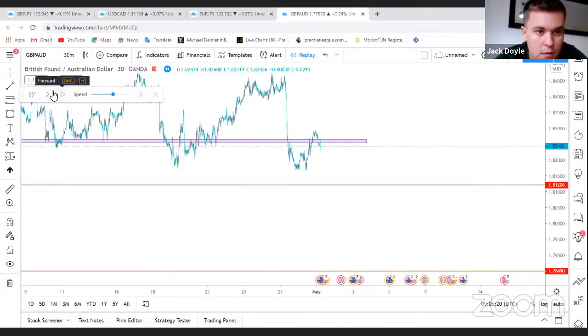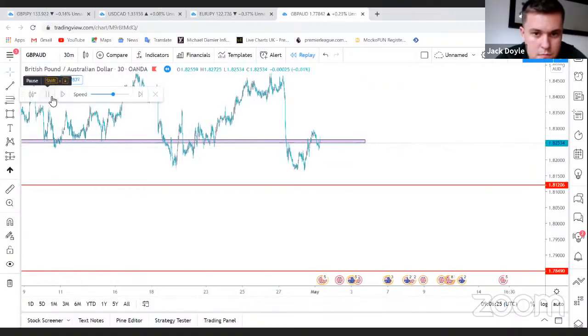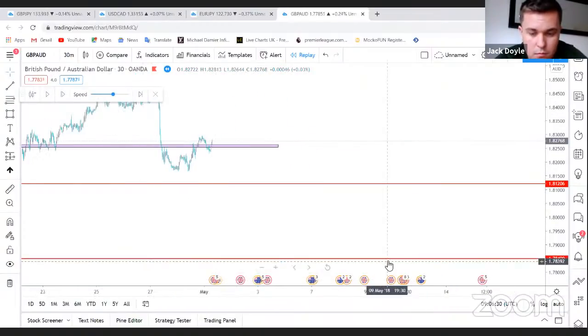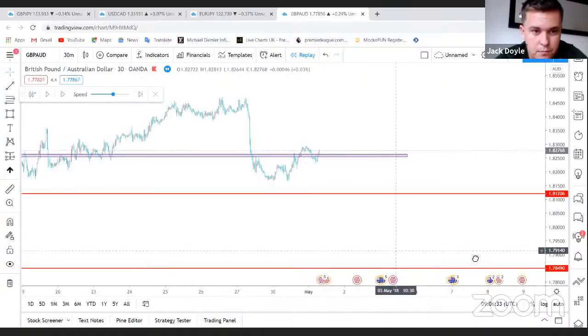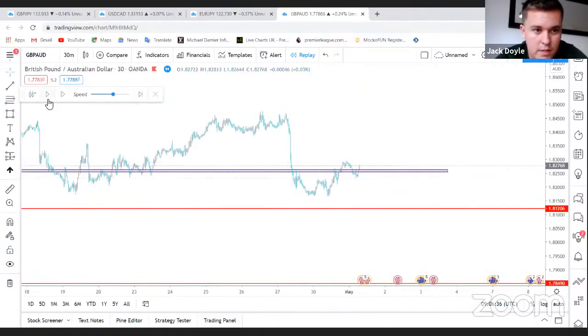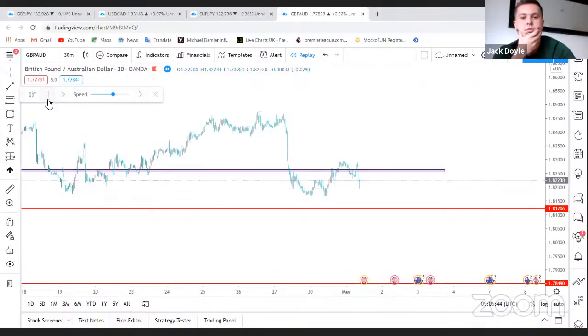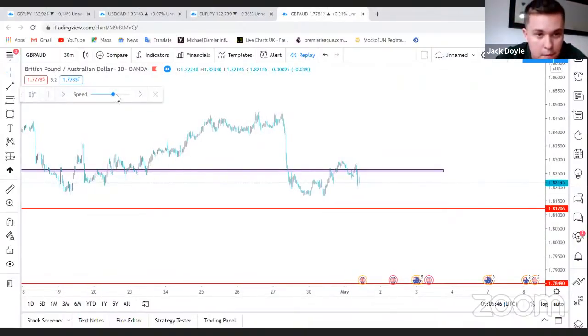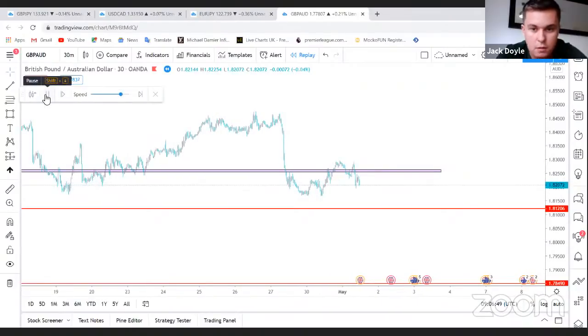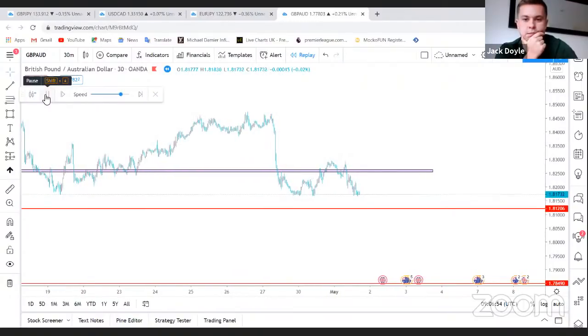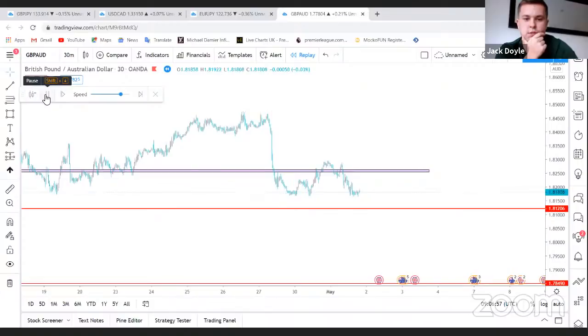Drop the speed. Don't like the way it's made that low though. I want it to come back down to the red line here and break. Seems to be holding this small level though.